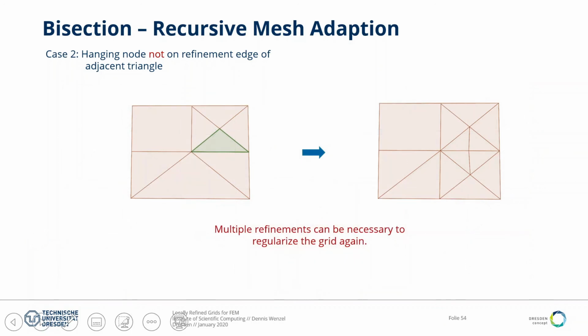So yeah, sometimes multiple refinements are necessary to regularize your grid again. But compared to choosing just a global discretization reduction, because, well, if you want this as a step size, then you would have to do this everywhere, right? You would have to divide all your cells here into this fine of a grid.